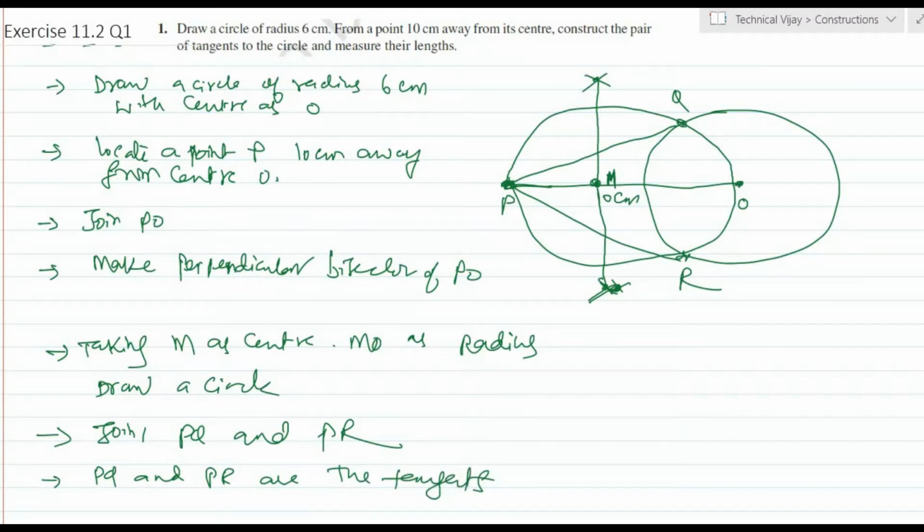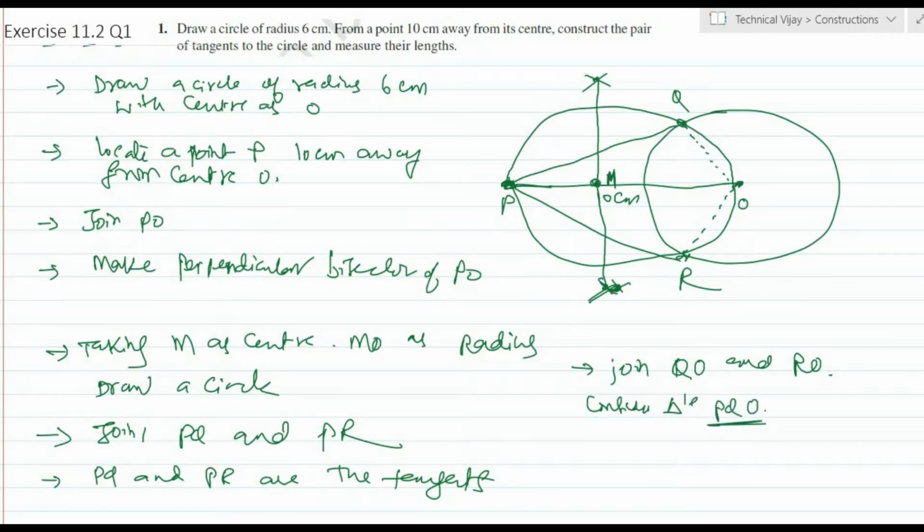So how to prove these are tangents? Next join Q to O and R to O, that is QO and RO. Consider triangle PQO.